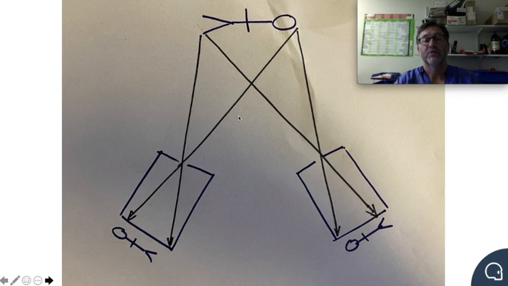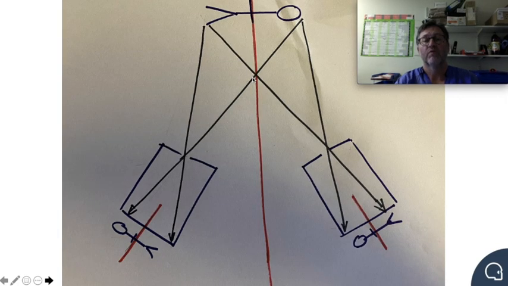And as we can see, if we draw a line down the midline, the image from one eye from the object covers the midline.